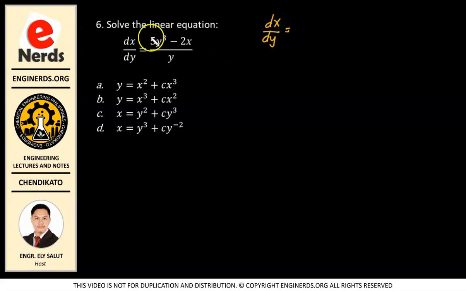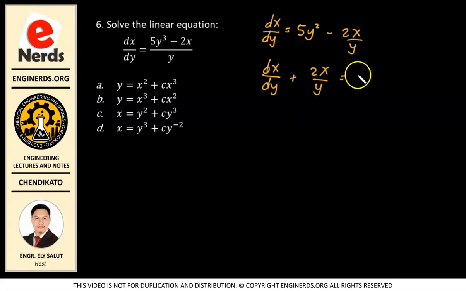So, let us divide itong terms natin na nandito sa numerator by y. So, we will have pi y cubed divided by y will be y squared minus 2x over y. Okay, so rearranging it, we will have dx over dy plus 2x over y is equal to 5y squared.